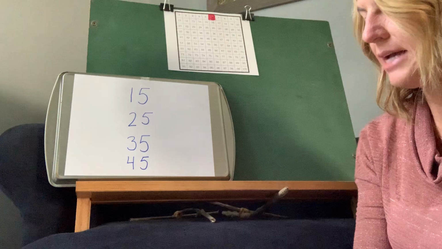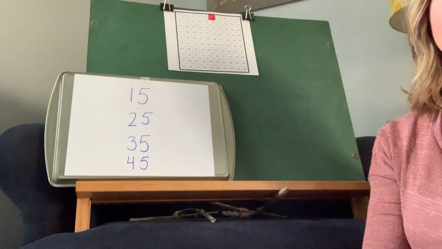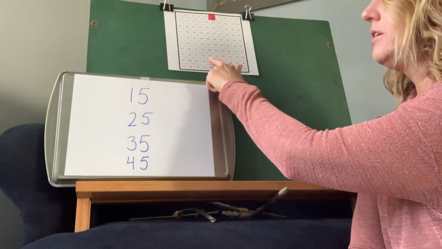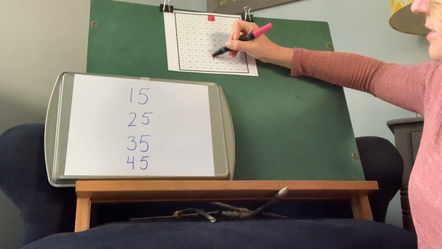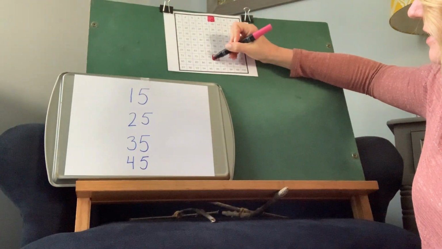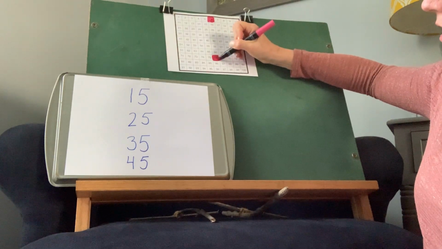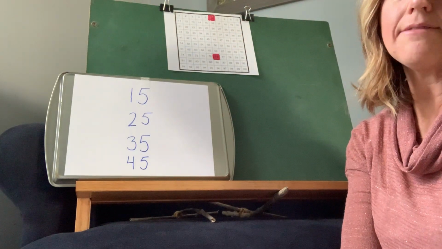All right, here we go, next clue. Color the number after 75. So first you find 75. What number comes after that? Oops, 76. All right, color the number after 25.